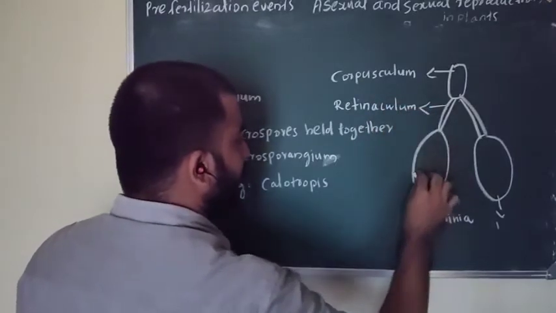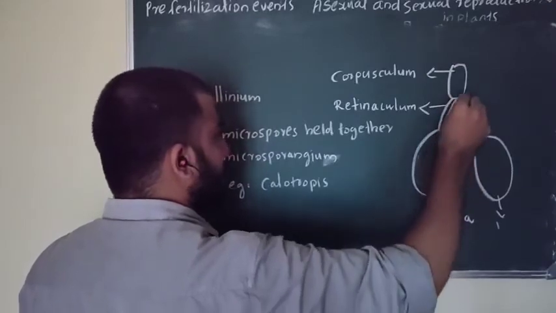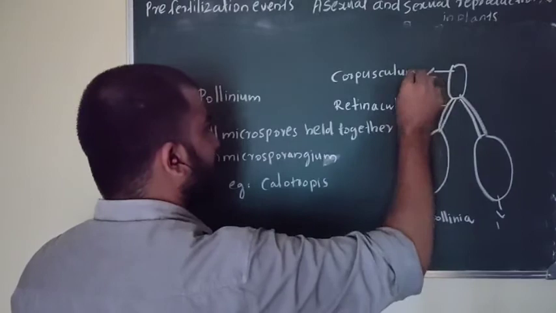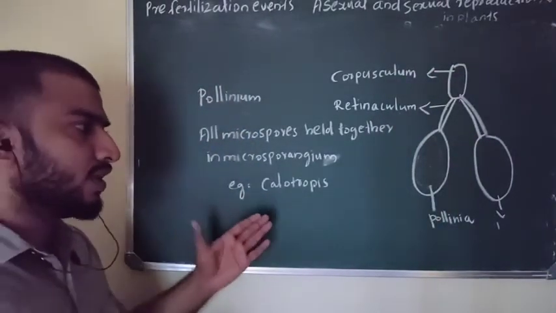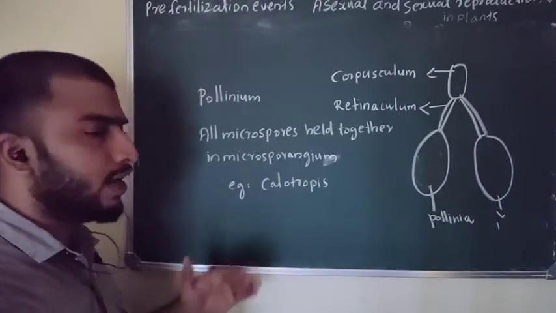So in this pollinia, all microspores are held together, and these structures are present in higher plants like Calotropis.